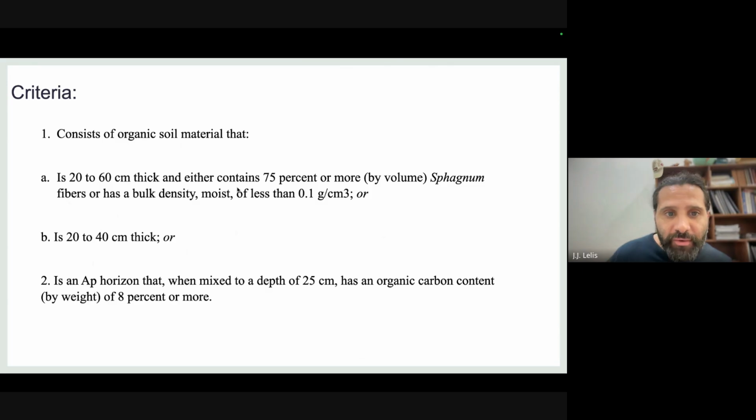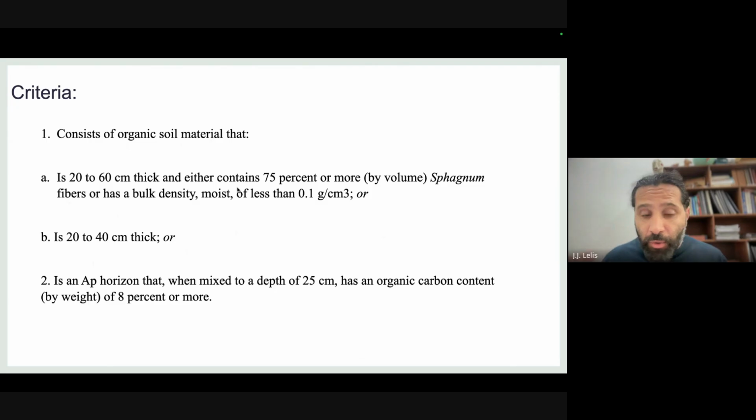And of course, we need to consider that in the histic horizon, we are talking about a diagnostic horizon formed initially, at least, by flooded conditions, okay? Or formed in flooded conditions and then artificially drained by humans.